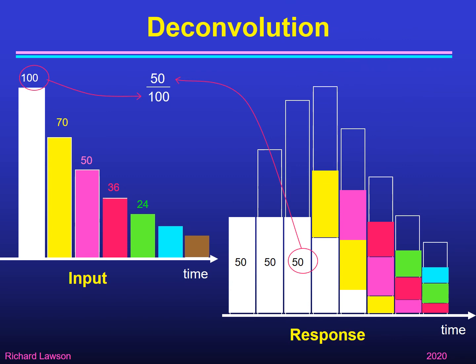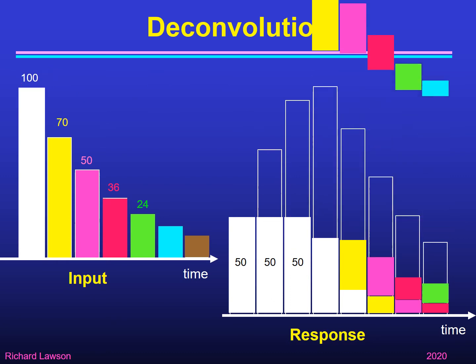Once again it uncovers a 50% white there, so once again we can say that 50% of our yellow 70 is 35, 50% of our purple 50 is 25, 50% of our 36 is 18, and so on. So once again we can throw away the top unit there.